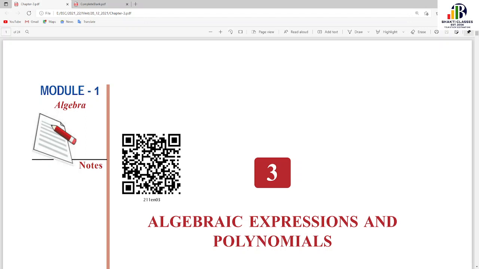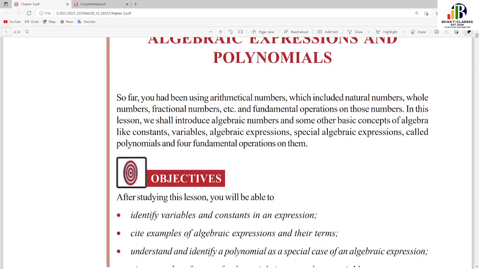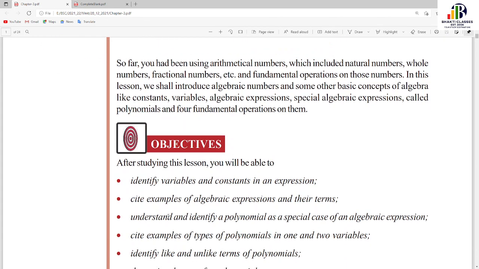So now today we are starting algebraic expression and polynomial, right? Yes, sir. Till date we had been using arithmetical numbers only. So we know how to use arithmetic numbers and how to do operations on that.